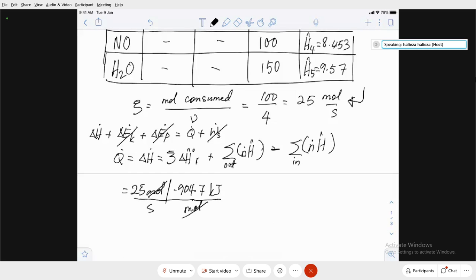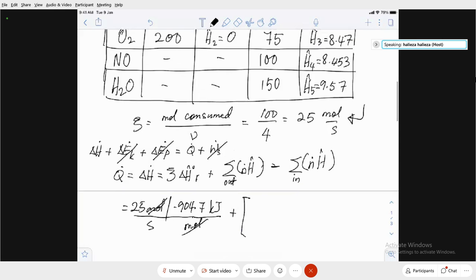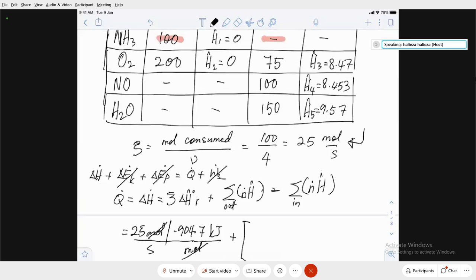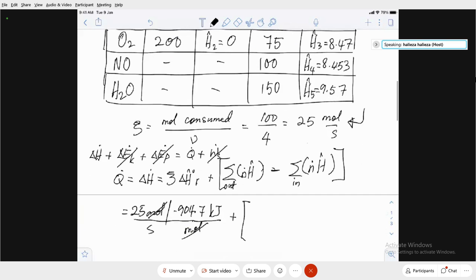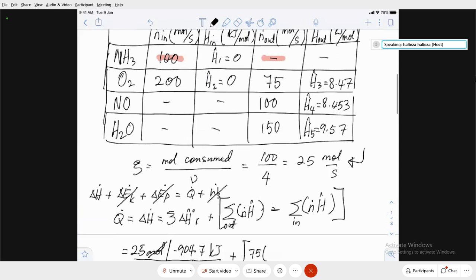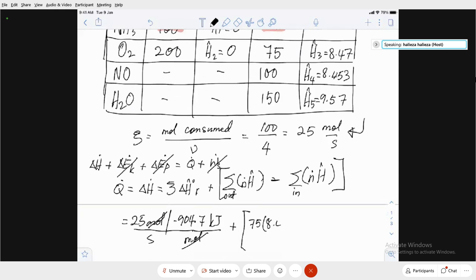Now from the table that we have constructed, fill out this part of the equation. We have 75. I'm not going to write down the unit because we know what the unit is going to be. 8.47. That is for that row. That plus 100 times 8.453 plus 150 times 9.57.